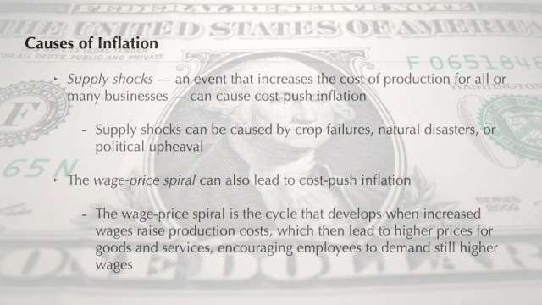Economists set the price index for the base year at 100. To calculate the CPI for another year, the Bureau determines the price of the market basket for that year, divides the amount by the cost of the market basket in the base year, and multiplies the result by 100.